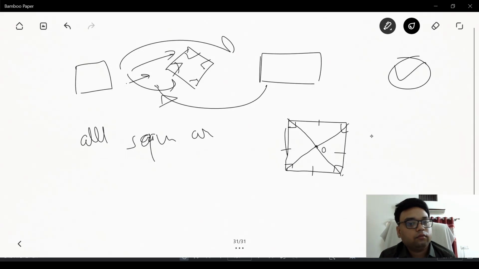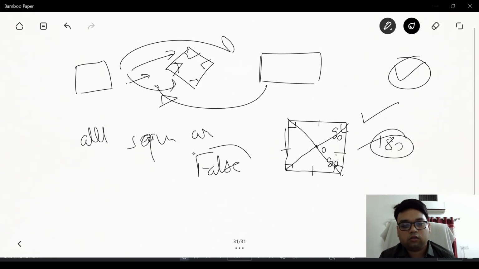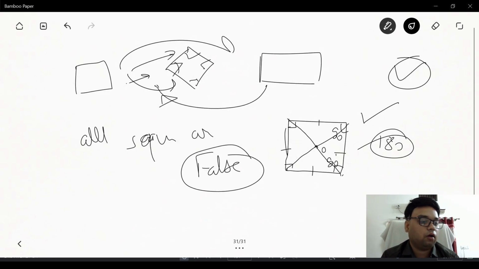And further, what is the property? The sum of adjacent angles is 90 plus 90, which is 180 degrees. So all squares are parallelograms. This is true, but according to the question the statement is false. The question asks whether all squares are not parallelograms? No, all squares are parallelograms.